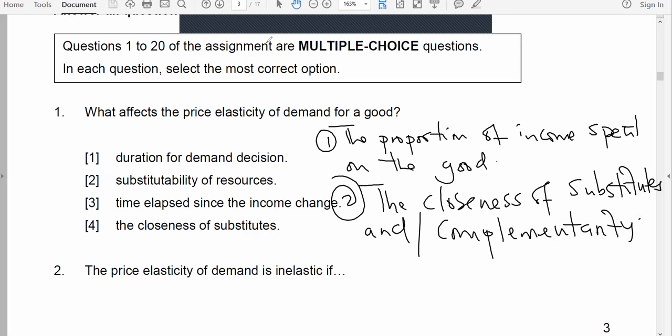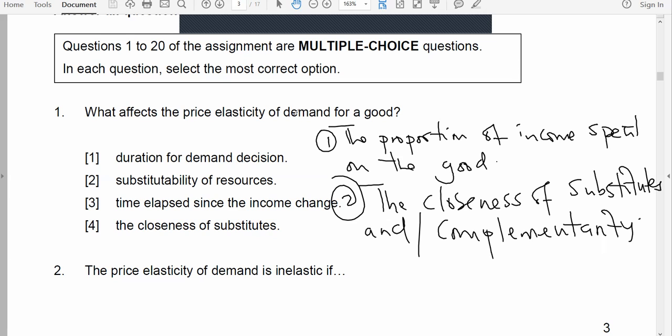What do we mean by this point? We mean if a product has got a close substitute, then if the price of that product changes, consumers can easily switch to the substitute product. And hence demand becomes sensitive.